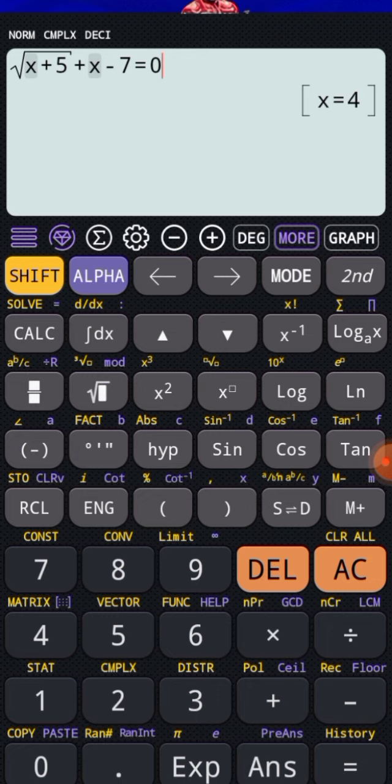After you enter this, your answer may not show up. So what you need to do is click shift calc, then equal to. Please take note of that. If you press shift calc, it will tell you solve for x. You press equal to, then you have the answer x equal to 4.